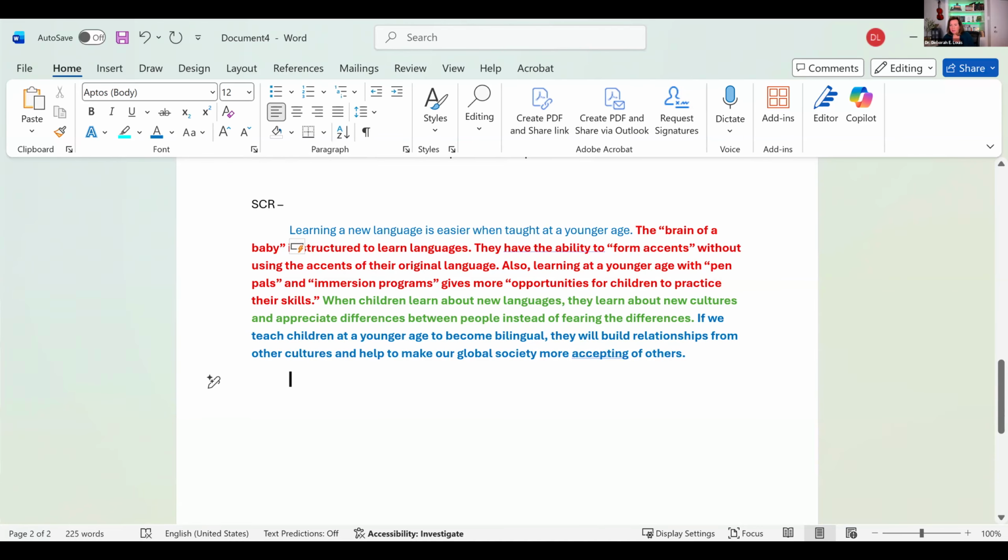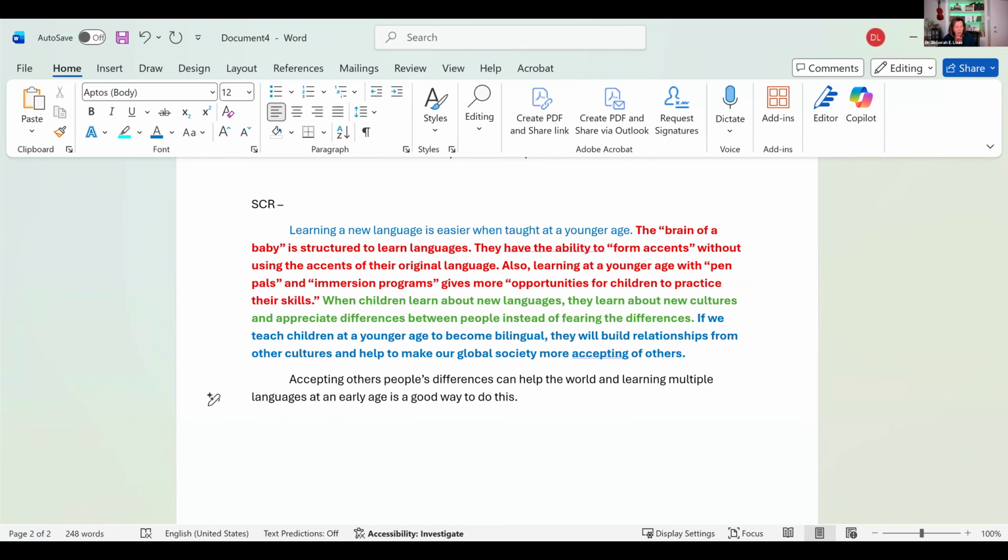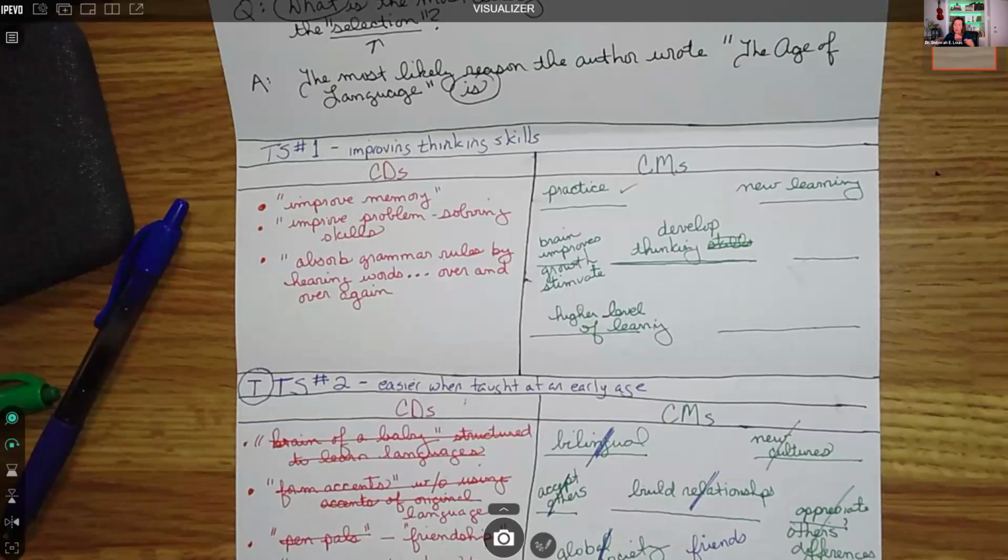Something like that. And all of this, I got from the summarizing and working on my pre-writing. And so I've got an SCR if I want one, I've got an ECR if I want one.